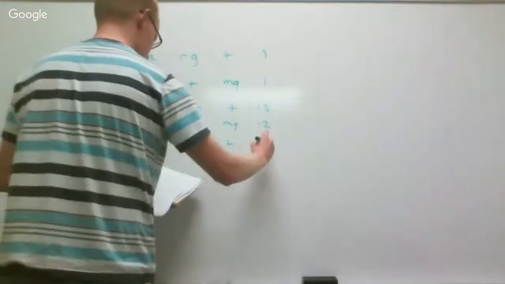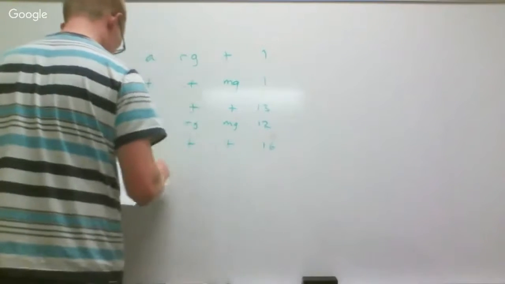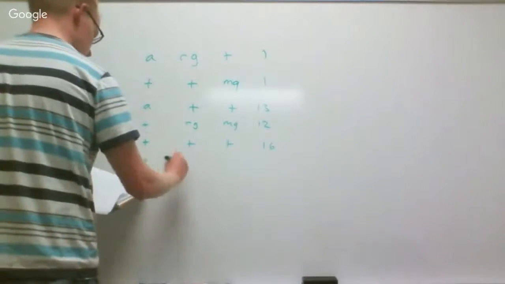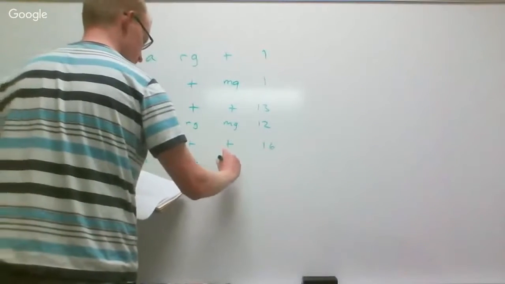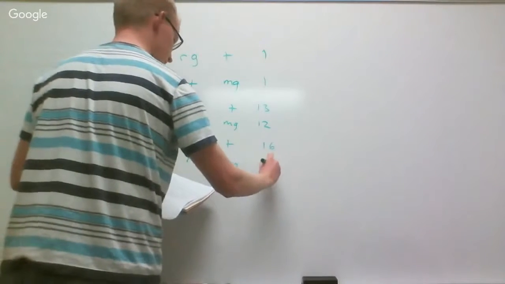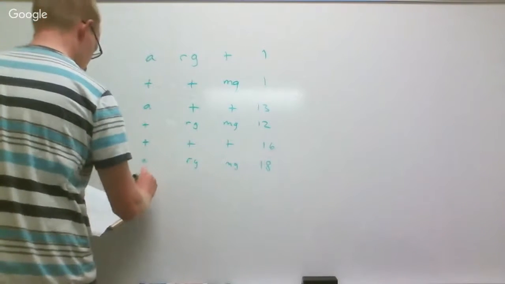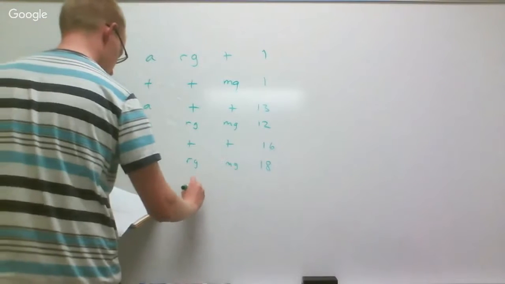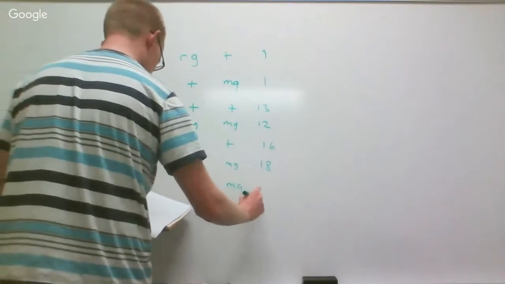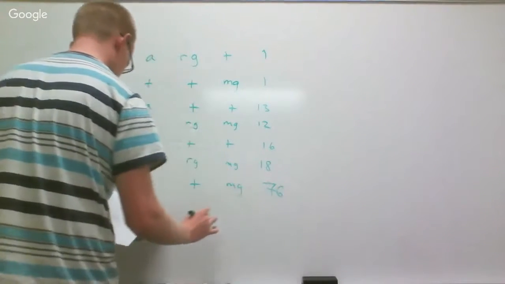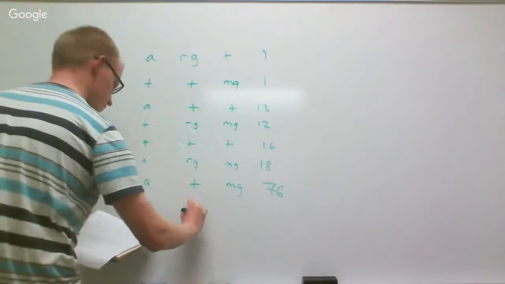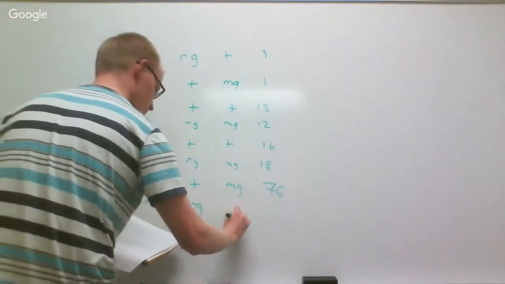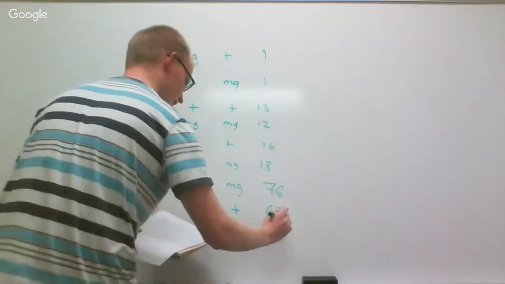Wild type for all 3, there were 16. Recessive for all those, there were 18. We have A plus MG gives us 76. And then plus RG plus gives us 69.